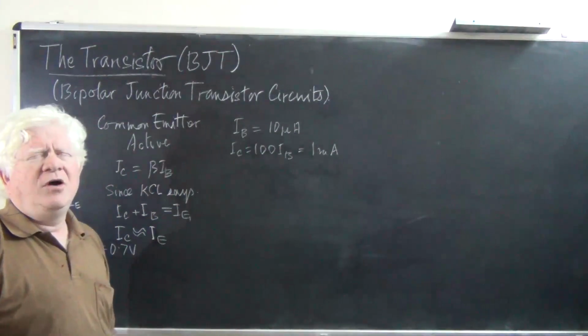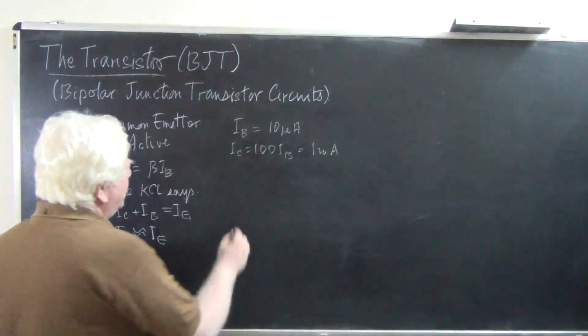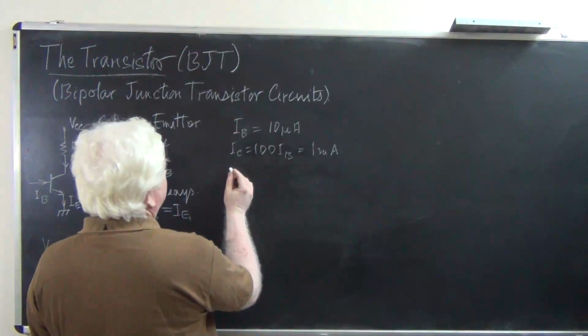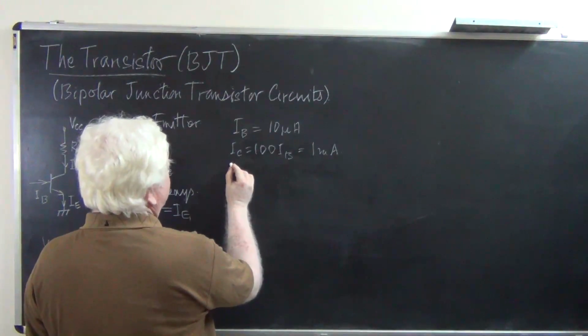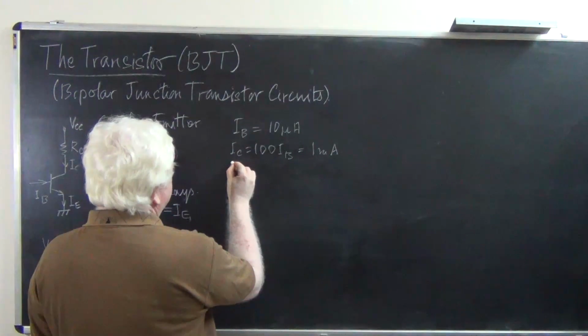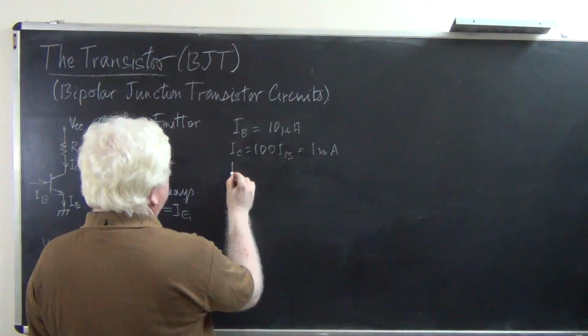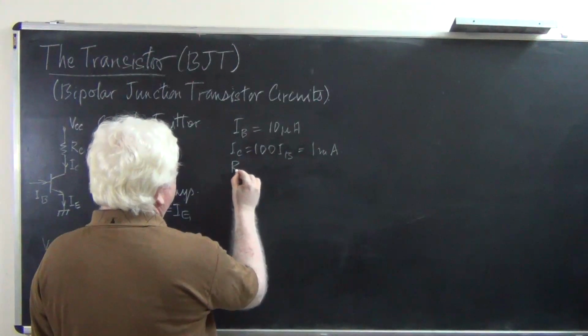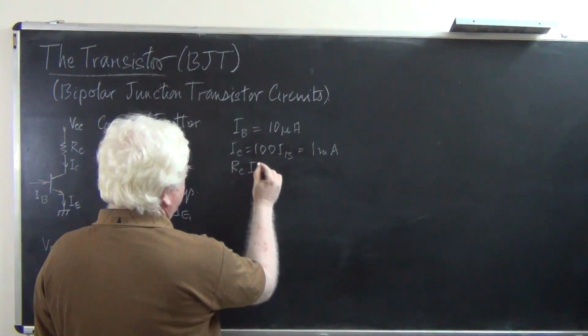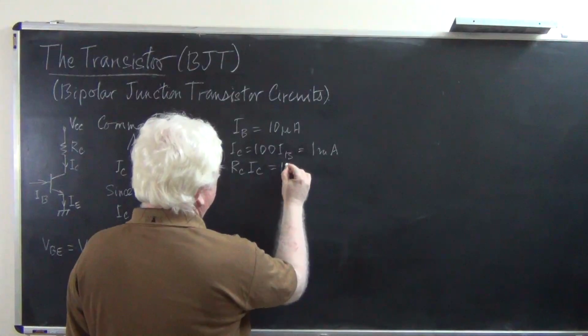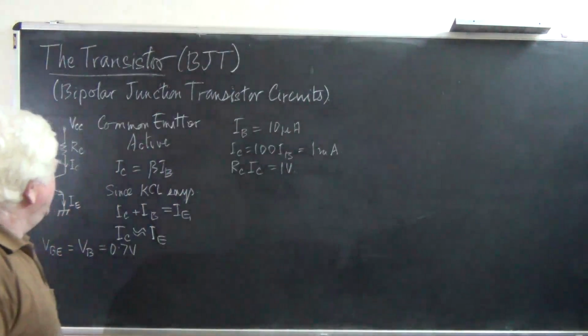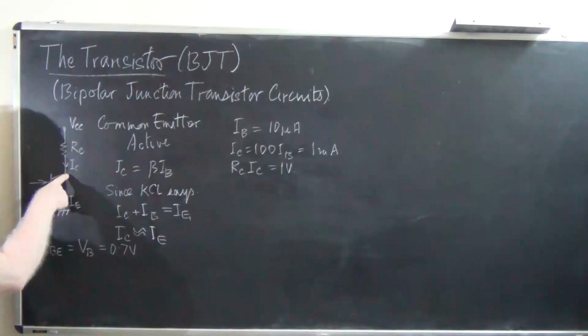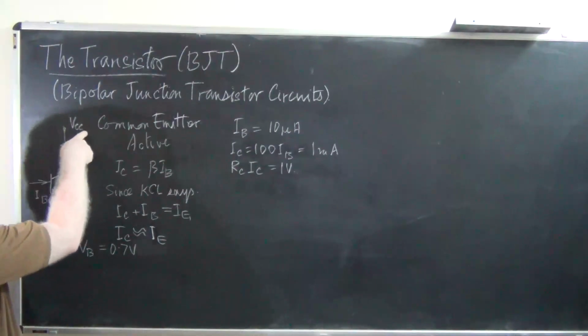Now 1 milliamp flowing through 1 kilo ohm would give you a drop of 1 volt. So the collector voltage is VCC minus 1 volt.